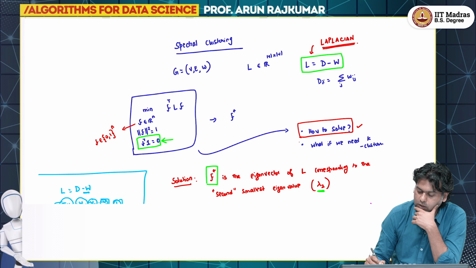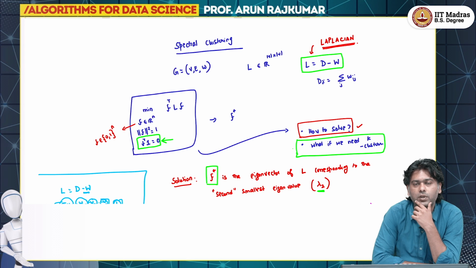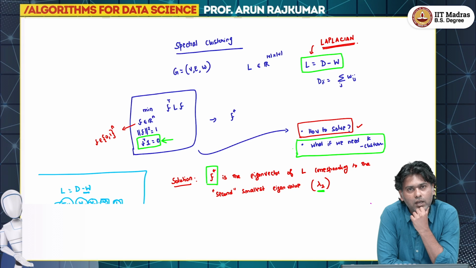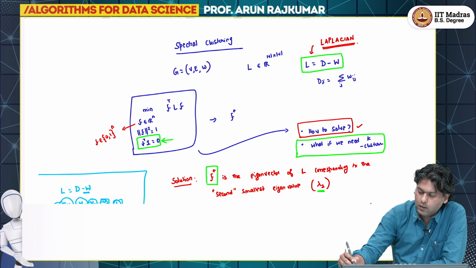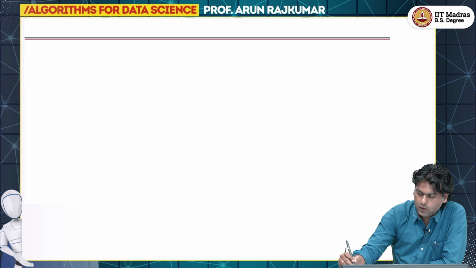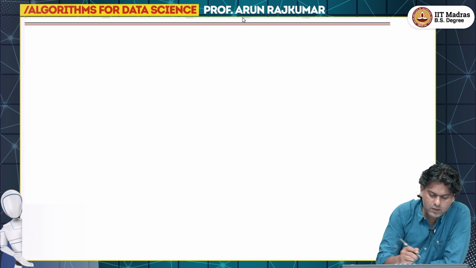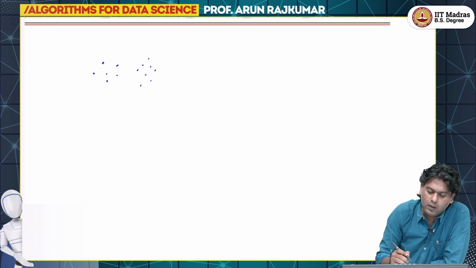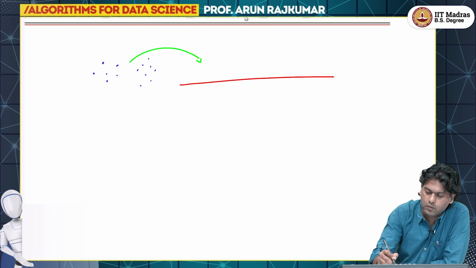Now the second question is, what if we need more than 2 clusters, that is, if we need 10 clusters, 5 clusters? In general, if we need k clusters, how do we solve this problem? The way we will do that in practice is as follows. Earlier we said we map all these data points to the real line, so the data points become points on the real line.